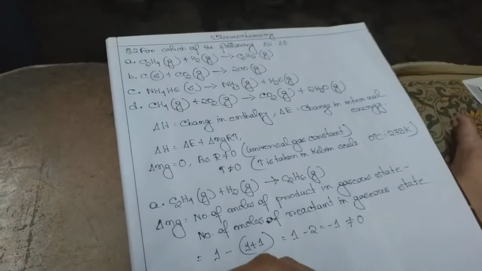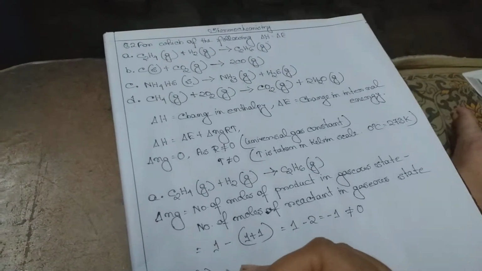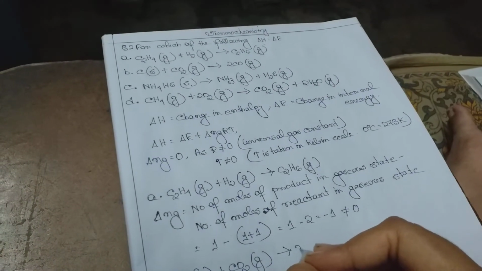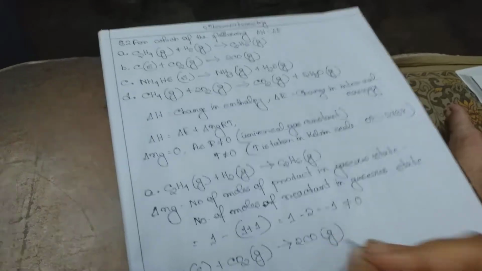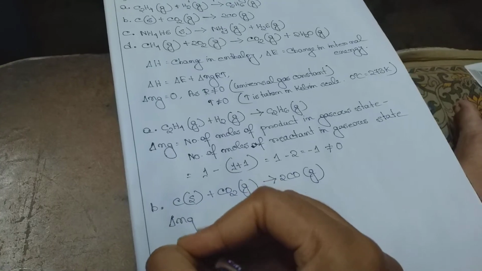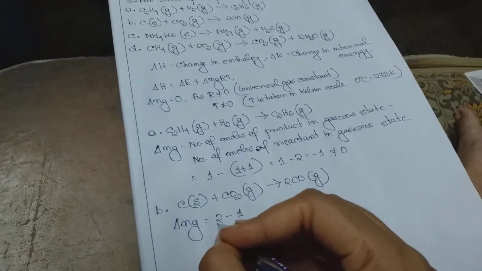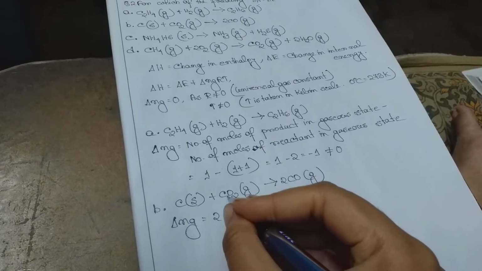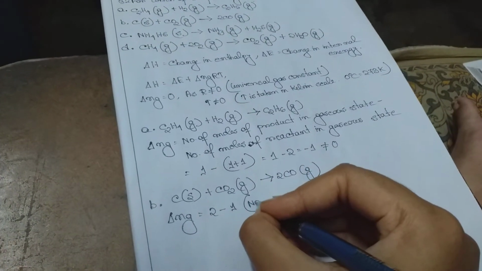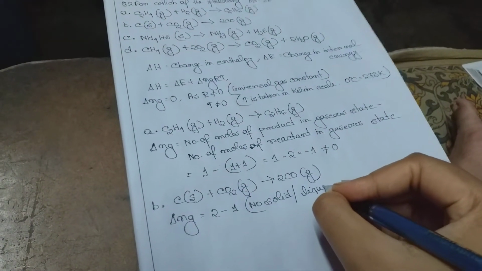Let's check option B. Here delta Ng is equal to 2 minus 1, as the number of moles of product is 2 and the number of moles of reactant is 1, because here we consider gaseous species only, no solid or liquid is considered.